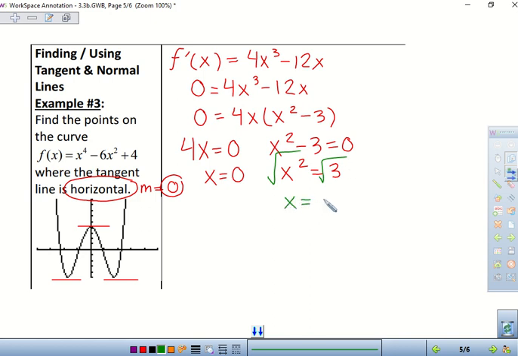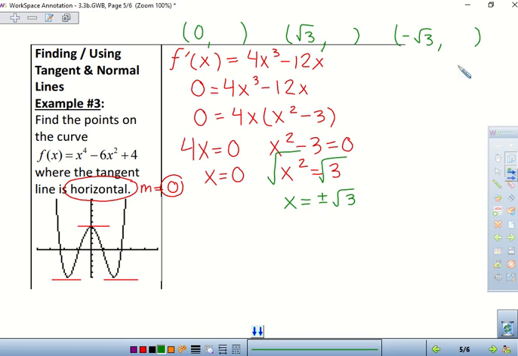This gives me x equals plus or minus square root of 3, which means I have 3 x values. I have 0, I have the square root of 3, and then I also have negative square root of 3, like that. So what am I missing for each of my coordinates?